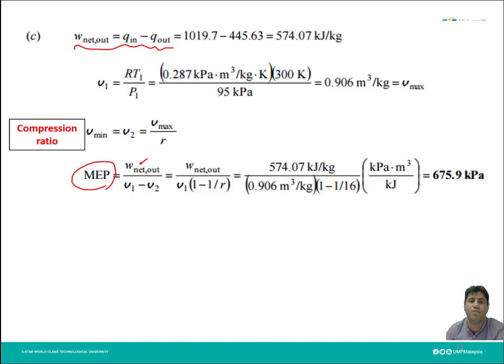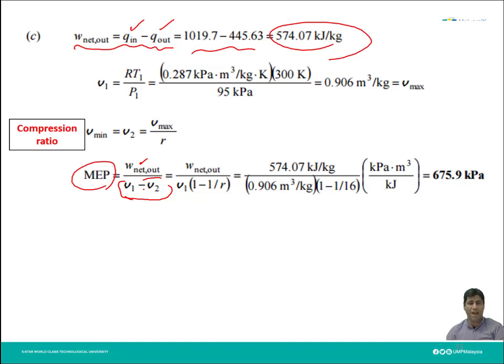You know this equation from thermodynamics. So we have Q in, we have Q out, substitute here, and finally we can calculate W net out, or net work output of the cycle, which is equal to 574.07 kilojoule per kilogram.